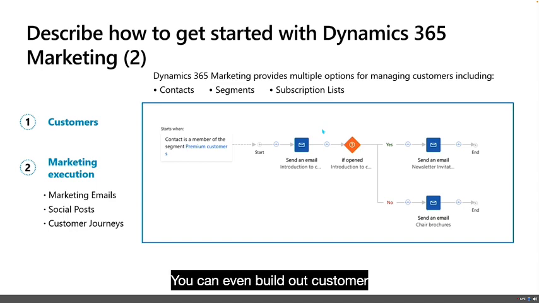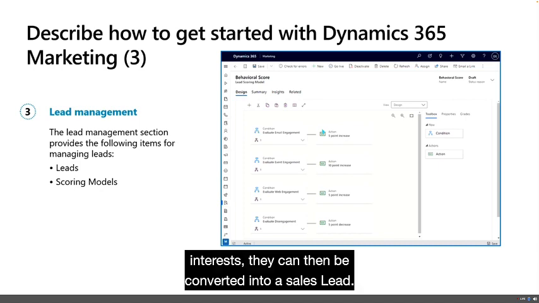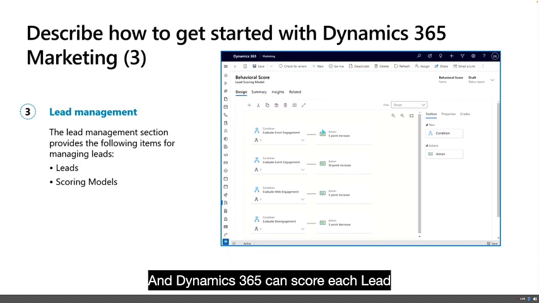As your customers interact with your marketing efforts and express their interest, they can then be converted into a sales lead. And Dynamics 365 can score each lead based on interactions like opening an email or visiting your web page, or whether that lead is likely to be converted by making a purchase.